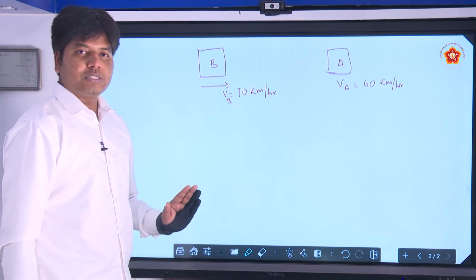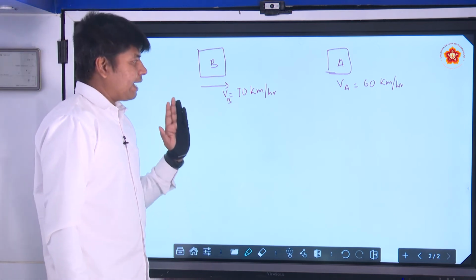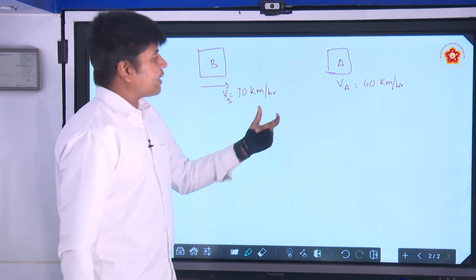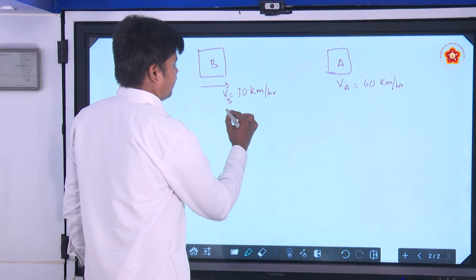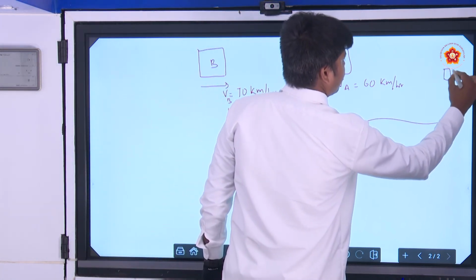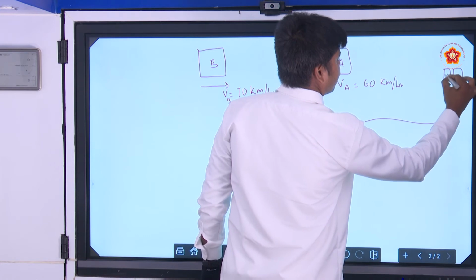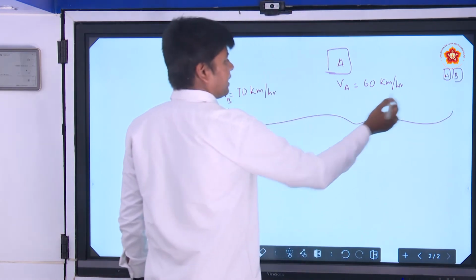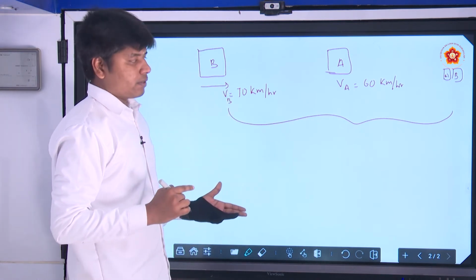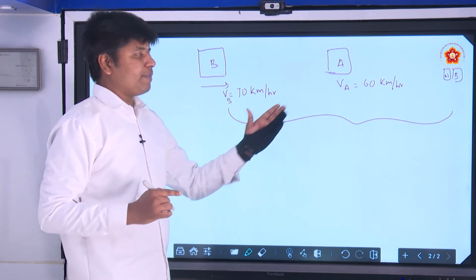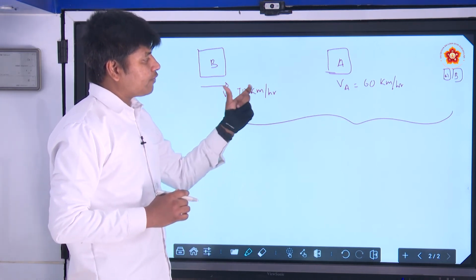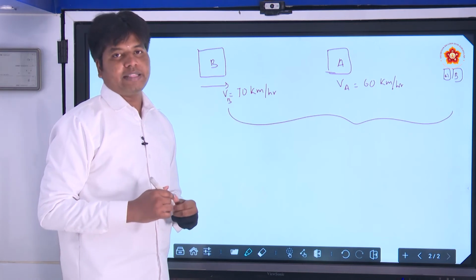Now let us suppose they two are meeting at the time t, after the time interval t. Okay. So after the time, for example, at this point they are meeting, object A, object B, they are meeting at this point. So after time interval t, how much distance could each of the objects have travelled by that time t?